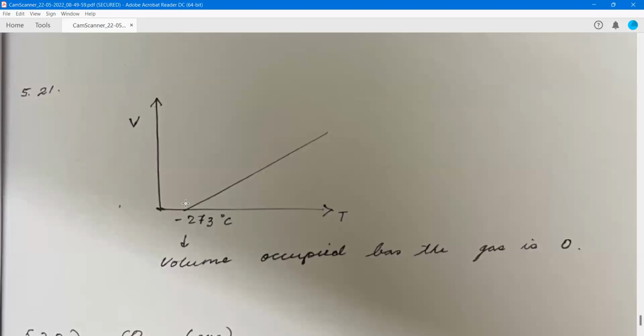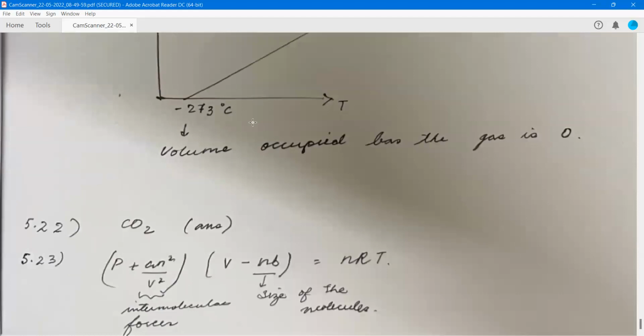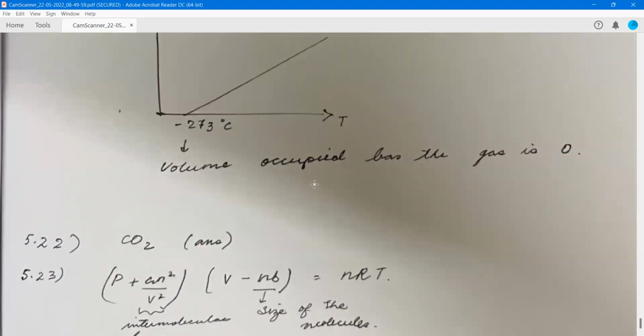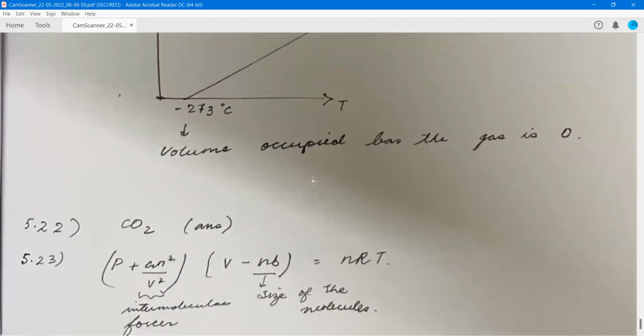And you know that below this temperature, the volume of the gas cannot be negative. Volume of anything cannot be negative, right? So that is why this temperature is the limiting temperature. Below this, the temperature cannot exist. So this was the logical explanation, and the derivation we already discussed while teaching.